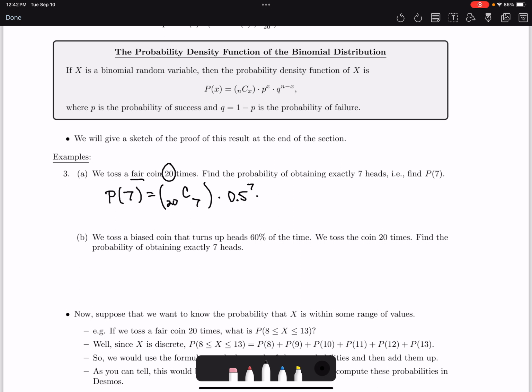If p is 0.5, then q is also 0.5, because remember, q is 1 minus p. It's the complement of p. So it would be 0.5 to the 20 minus 7, or if you prefer, you could just call that 13. You could say 20 minus 7 is 13. In any case, you can pop this into your calculator now and see what you get.